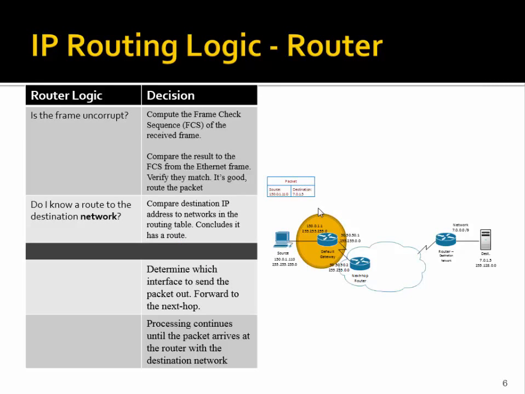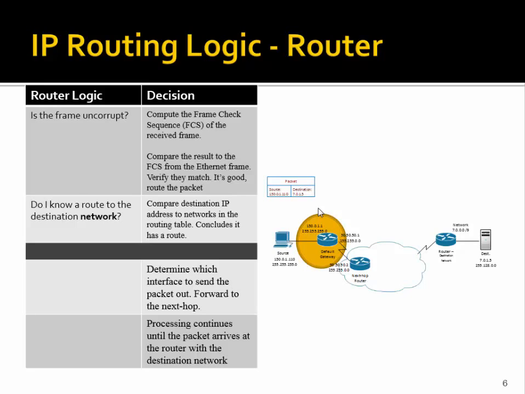So let's look at that in this example. The router receives the frame from the workstation 150.0.1.110. The router verifies that there are no errors by computing and checking the frame check sequence. Once it verifies there are no errors, it strips off that layer 2 header, then examines the destination IP address.